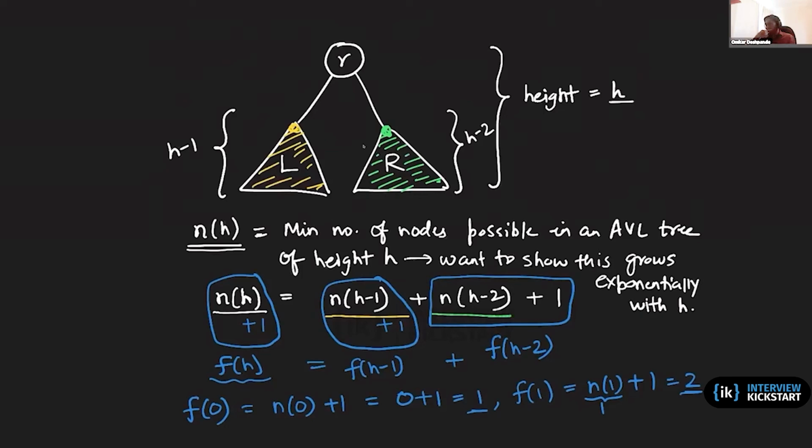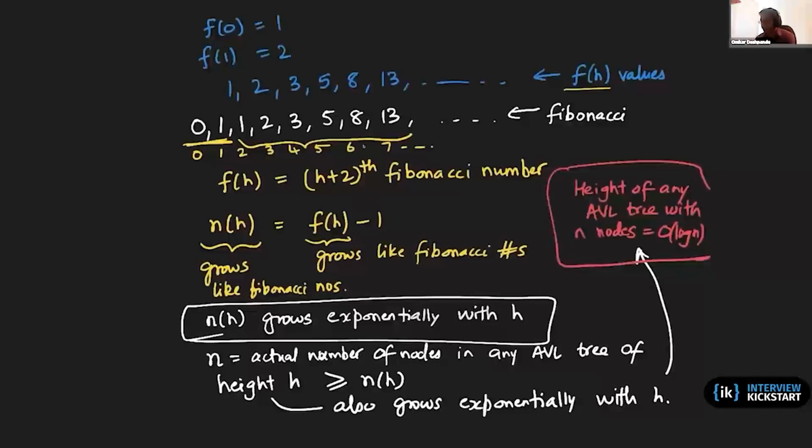If you take logarithm of n, that will be the max height. So that is essentially the same as saying that inverse of exponential functions are logarithmic functions, right? Yeah, exactly. So instead of proving that the height is a logarithmic function of n, we showed that n is an exponential function in the height.